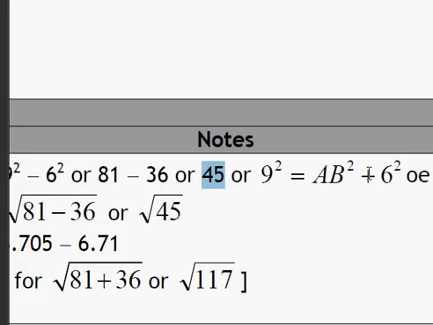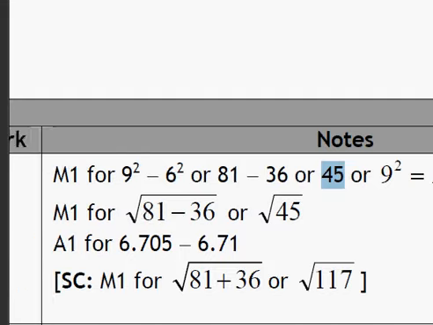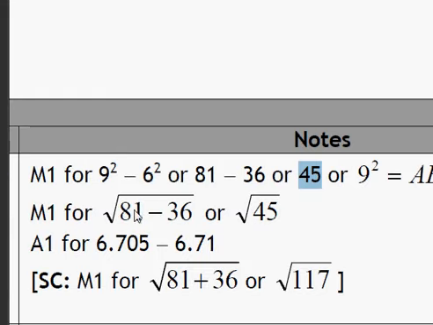If you have any of those written down somewhere, not as your final answer, just somewhere, anywhere, give yourself 1 mark. Give yourself 1 mark if you've written down the square root of 81 minus 36, or the square root of 45. Give yourself full marks if you've written down anything between 6.705 to 6.71.